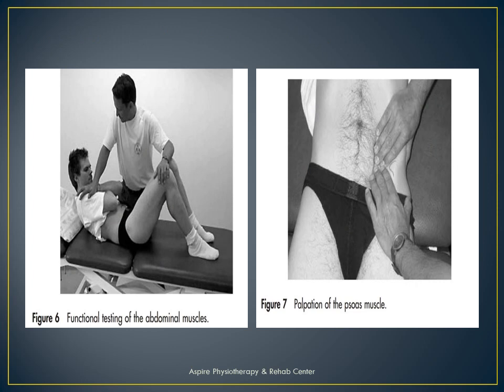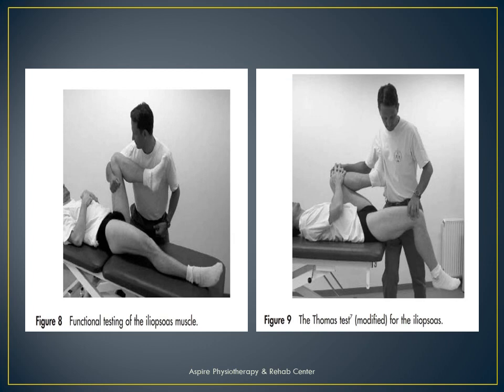The physiotherapist is performing functional testing of abdominal muscles. Ask for any discomfort, site of discomfort, and ask the patient to scale that pain. Now palpate the iliopsoas muscle. It is easy to palpate when the patient is skinny. This is functional testing of the iliopsoas muscle.